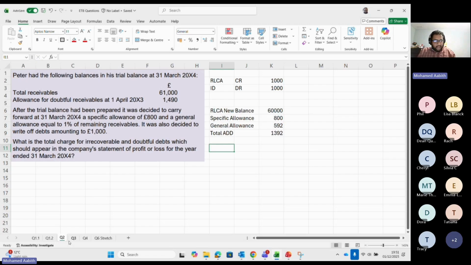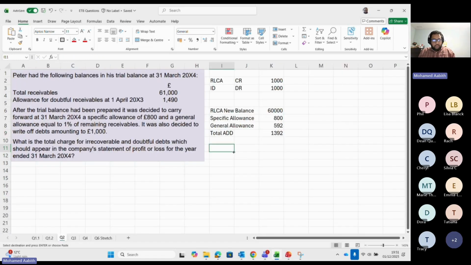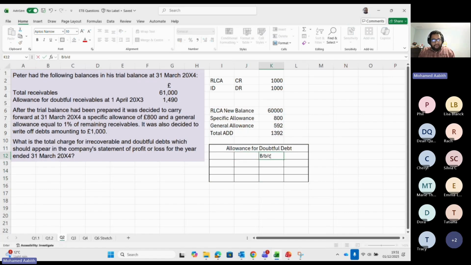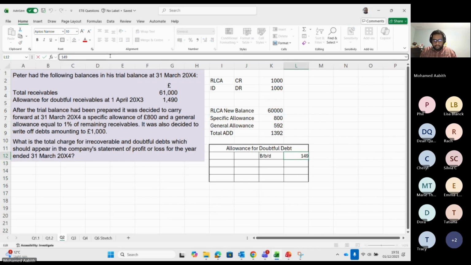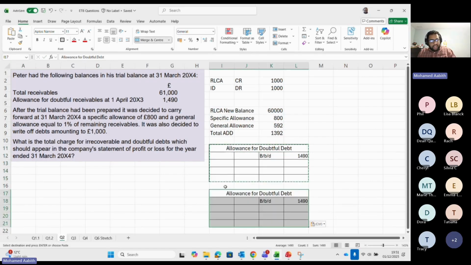So if I'm going to be quick here, let me find a copy of an account. So here, allowance for doubtful debt has a balance brought down figure of 1,490. This is what we started with. So the entry should somehow reduce this balance.